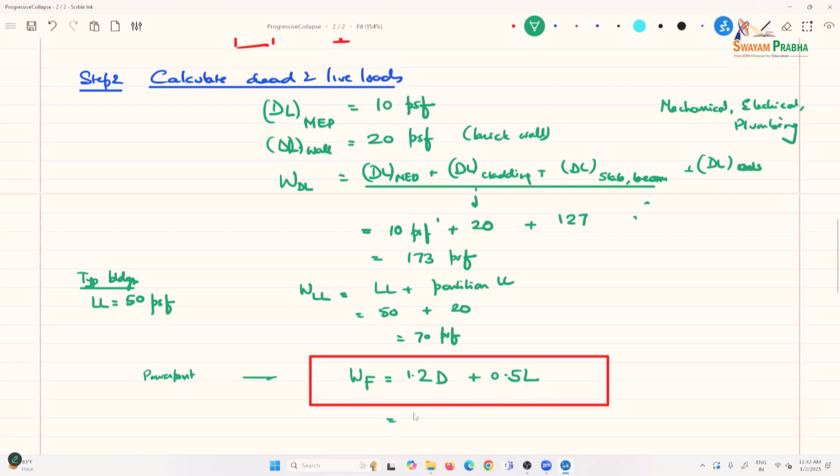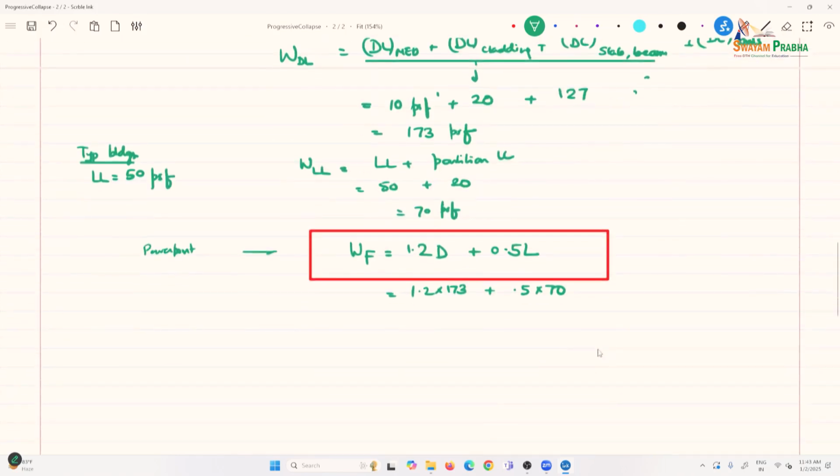So, it comes to 1.2 times 173 plus 0.5 times 70, which is total WF per floor, 239.4 pounds per floor.